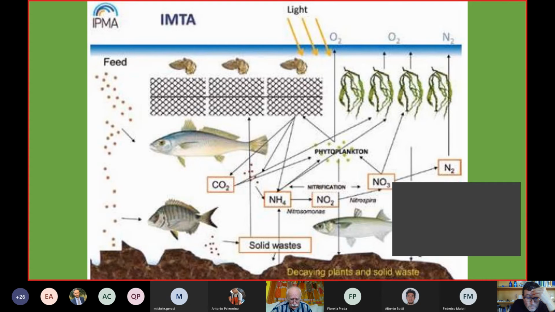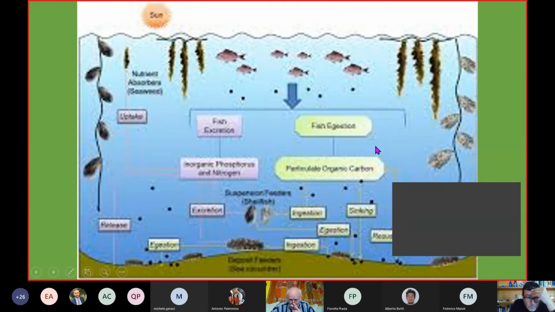You can see the cultures of oysters, the phytoplankton, and the culture of macrophytes, of macroalgae. And you can see another cartoon basically of the same idea. And really I would say that in the open marine systems, marine lagoons, probably the way to go is polyculture.